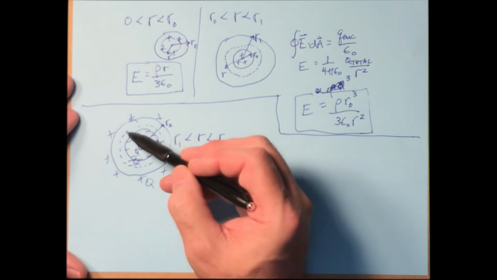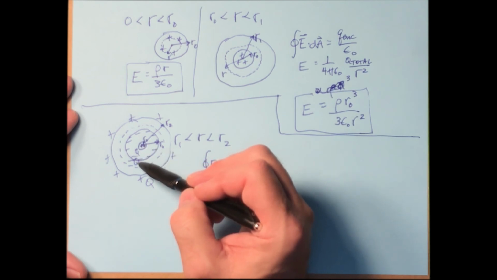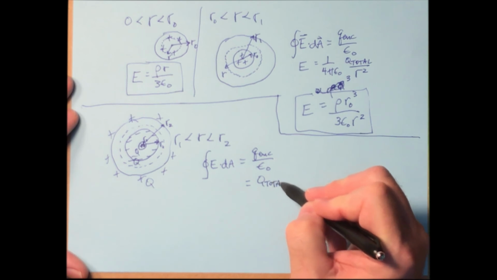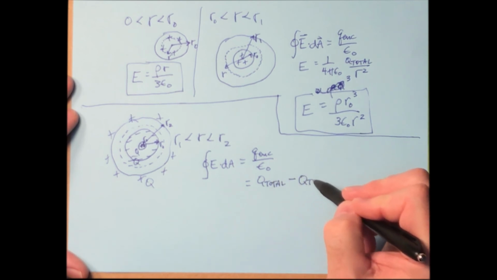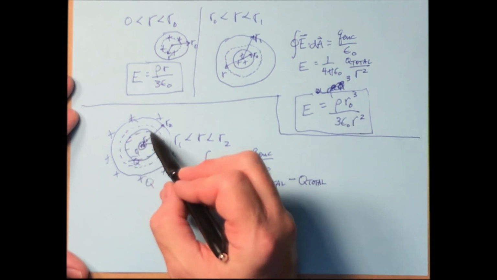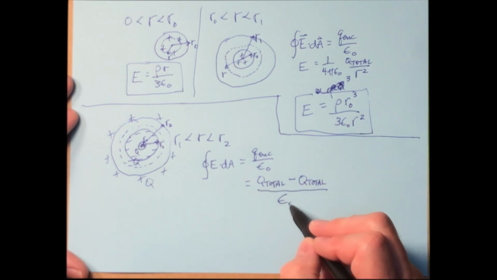You look carefully here. It is Q total due to the center positive charge, and minus Q total due to what's built up on the inner radius of the hollow conductor, divided by epsilon naught.